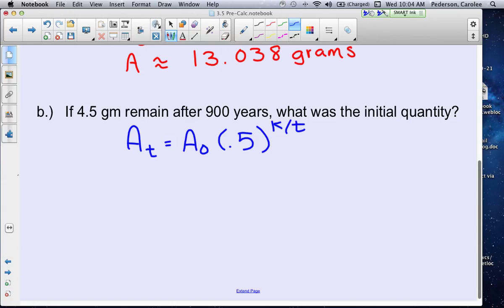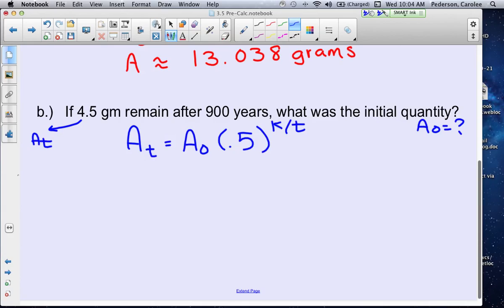Where is our A naught? We don't know it. That was our initial quantity, so that's our unknown. Where's our A sub T? 4.5, that's our end amount. What else do we know?